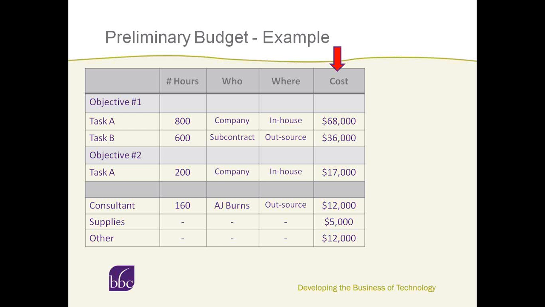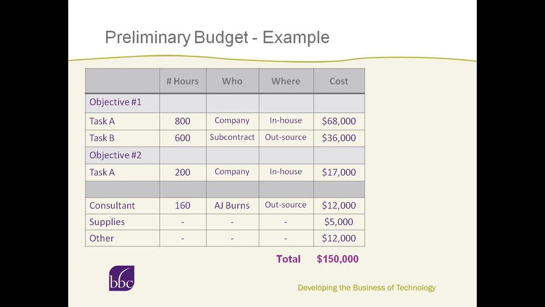The supplies and the other at the bottom there are internal company expenses. For supplies, the other includes your profit on the project and purchase services or travel, things like that the company is going to incur. So our first test is that this budget totals $150,000, which is within the guidelines for a Phase 1 SBIR.